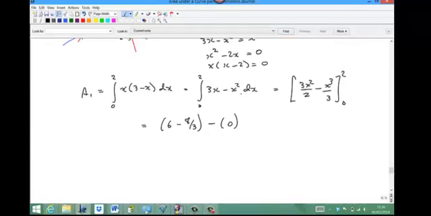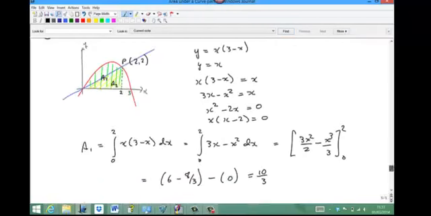6 minus 8 over 3 is 24 minus 8, all over 3, which is 10 over 3. So the area under the curve is 10 over 3. The area then of the triangle, half base times height, is half times 2 times 2.